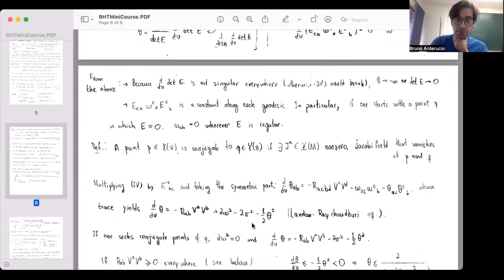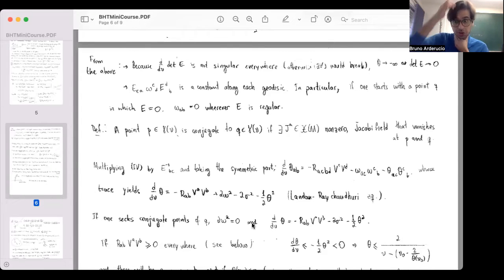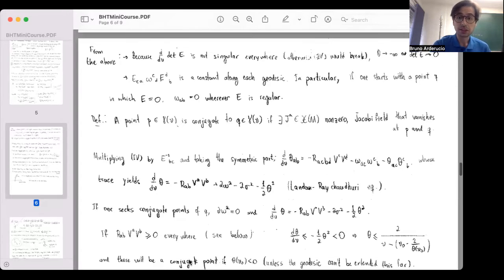And then we showed that if we can assume that this contraction is non-negative everywhere for the tangent vector V, and the initial value of the expansion is negative, then by integrating the Raychaudhuri equation we set a bound and realized that theta has to go to minus infinity at a finite affine distance.